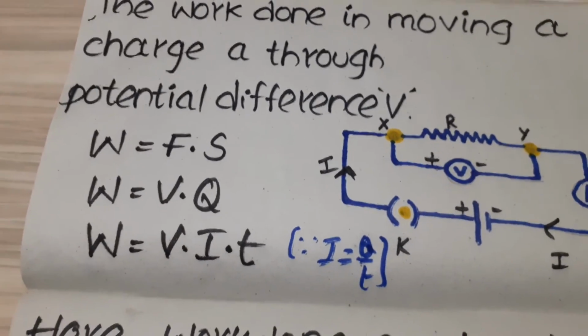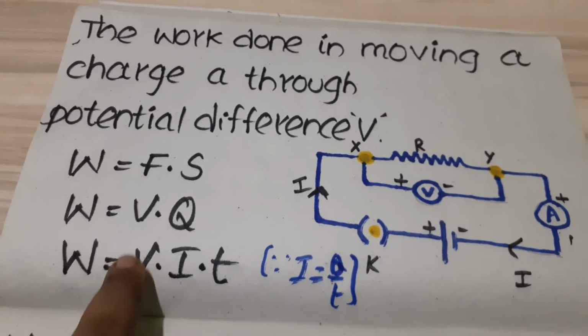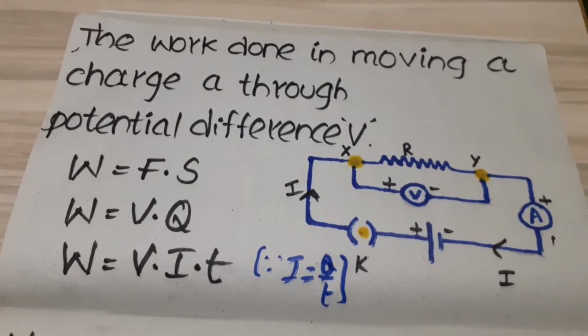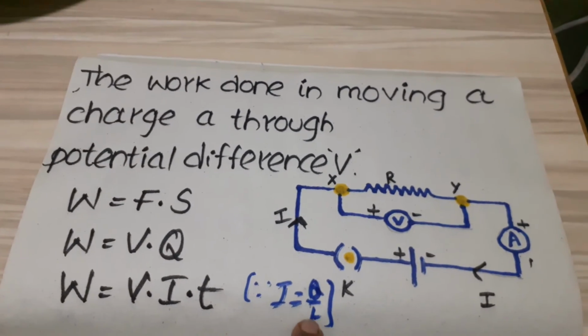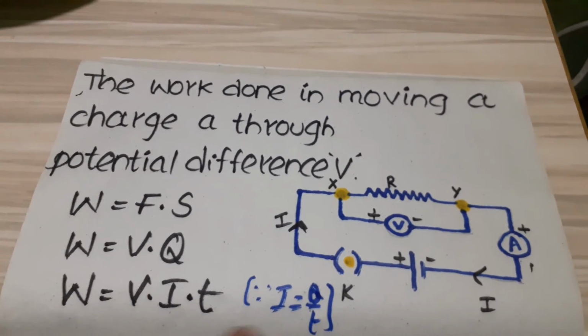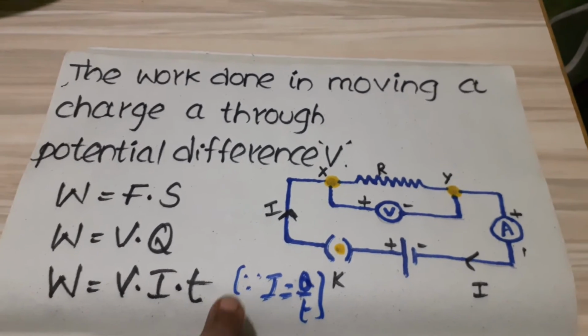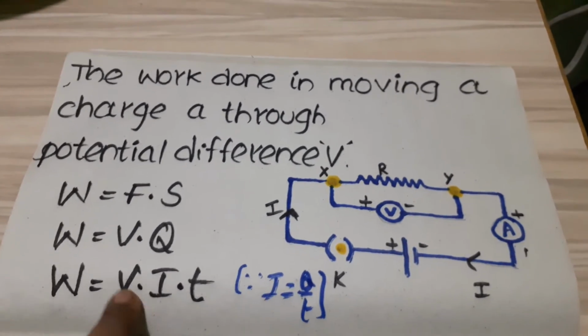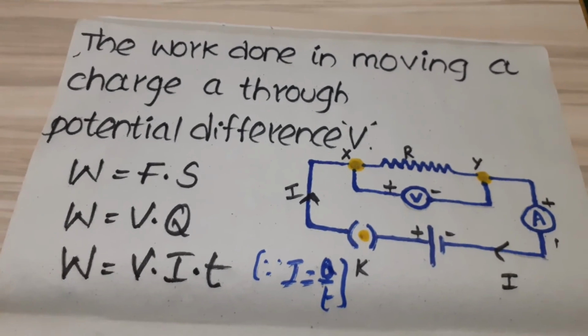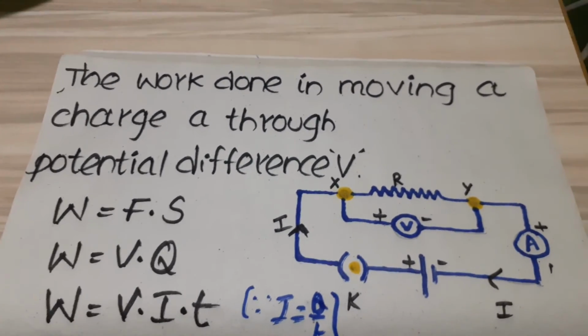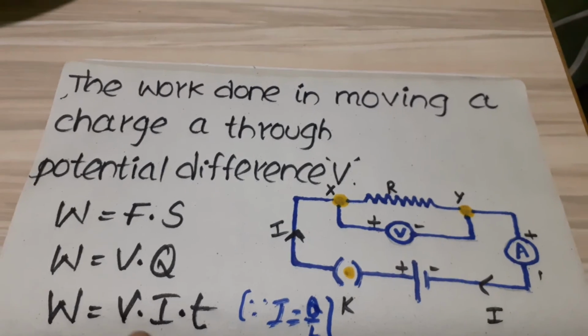What is meant by current? The electrons flow in a conductor with respect to time. I equal to Q by T. So Q equal to IT. Substituting Q equal to IT, the total work done is W equal to VIT.